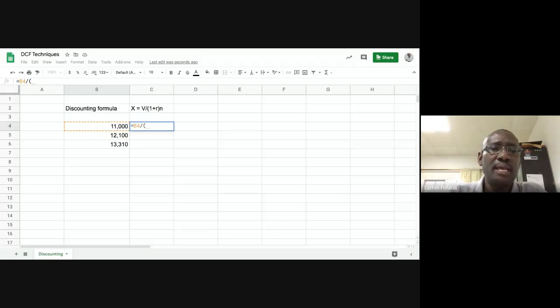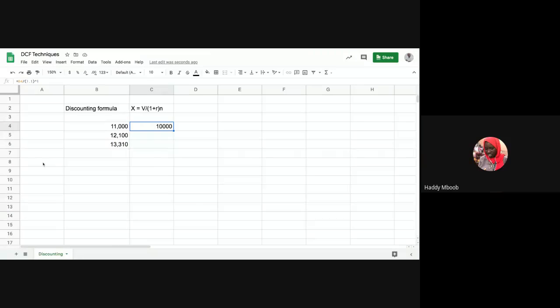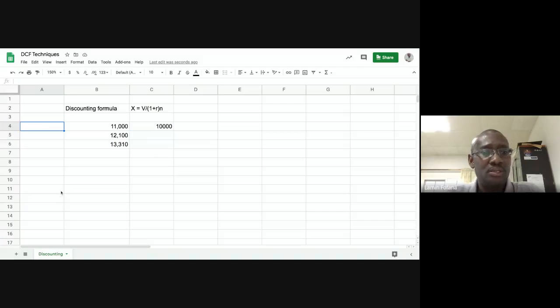You open your brackets and you say 1.1, bracket closes. Then the sign like the reverse of V, you press that and you say raised to power 1, you enter. So that should give you 10,000. Mr. Fofana, I get 10,000. Excellent, good. So that's year 1.